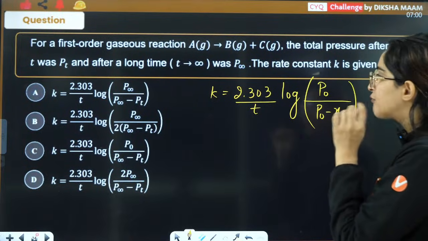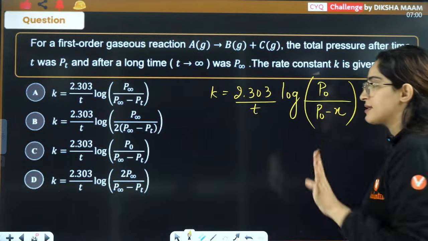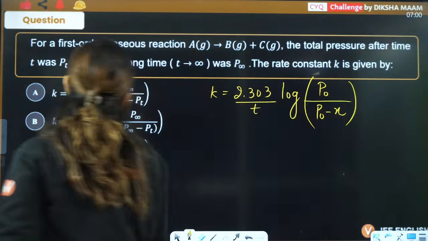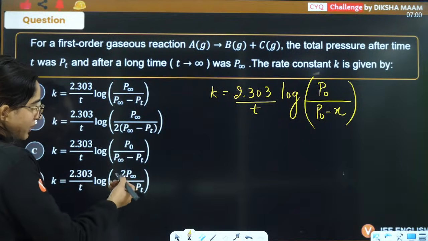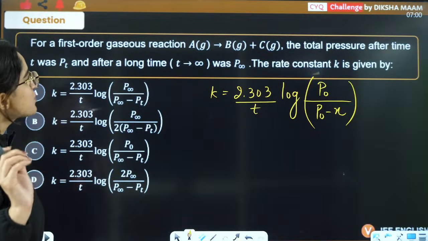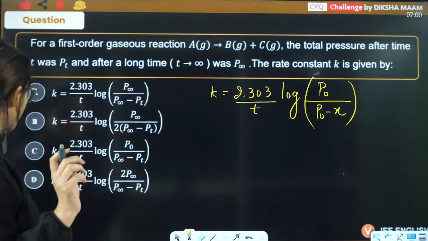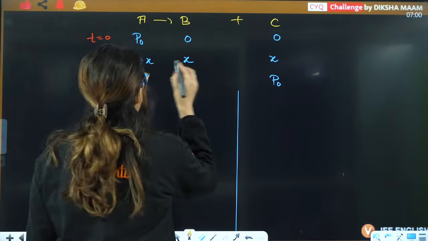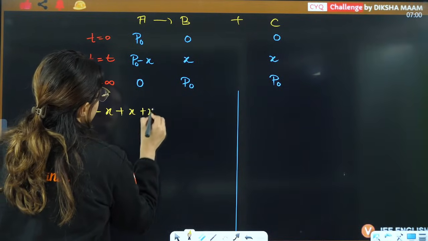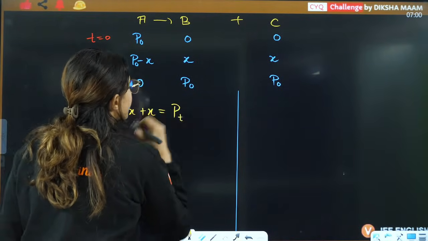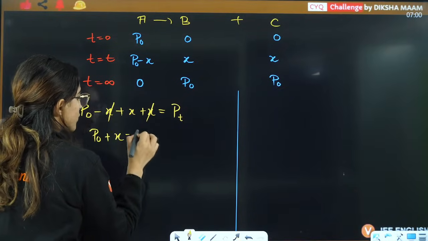That means I have to replace the value of P naught and the value of x here. They have given it in the form of P infinity and Pt. And what is Pt? That is the total pressure at time t, and P infinity is total pressure at time infinity. That means I can say P naught minus x plus x plus x is given to be Pt in the question. That is, P naught plus x is going to be Pt.